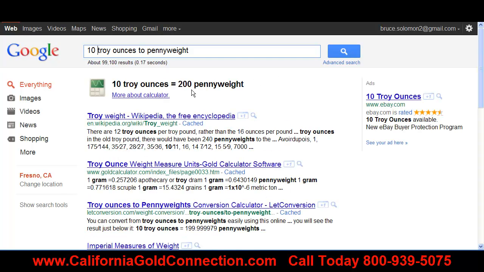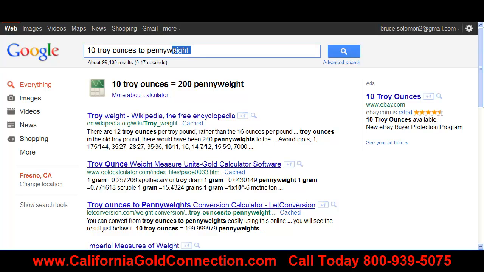So this is a very handy tool to use when you're trying to convert. This is the first thing people do when they get online and try to figure out what they have, and they always get messed up on troy ounces versus avoirdupois ounces, and that's where they make their first mistake.